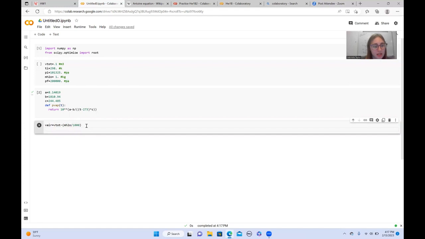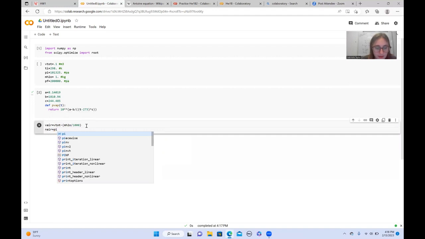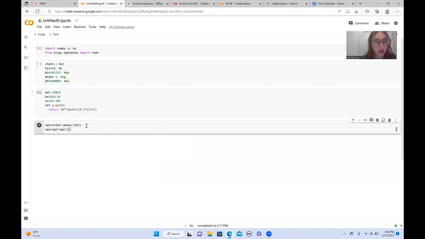Now let's type in the moles of air, just because I know we're going to need it later, though right now we don't need it. Since PV equals nRT, the moles of air are going to be PI multiplied by V air, divided by our R constant.